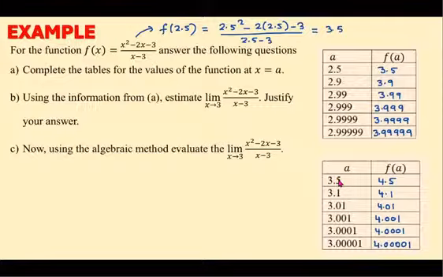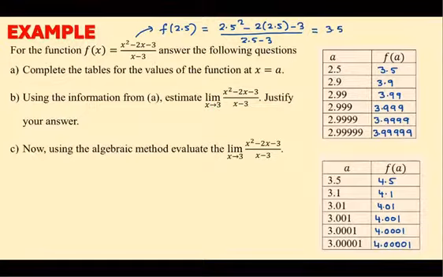Similarly, when x approaches 3 from the right, the function value decreases from 4.5 and approaches 4 again. So the left-hand limit is 4 and the right-hand limit is 4. That means the limit as x approaches 3, from both sides, is 4.